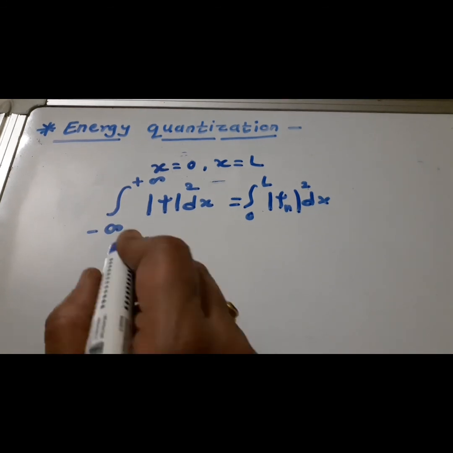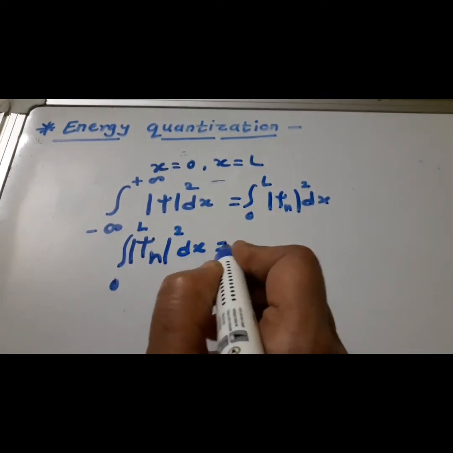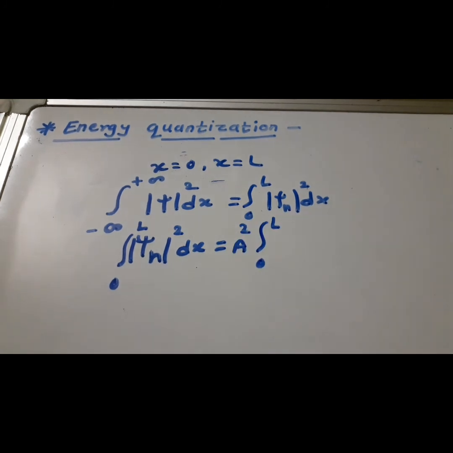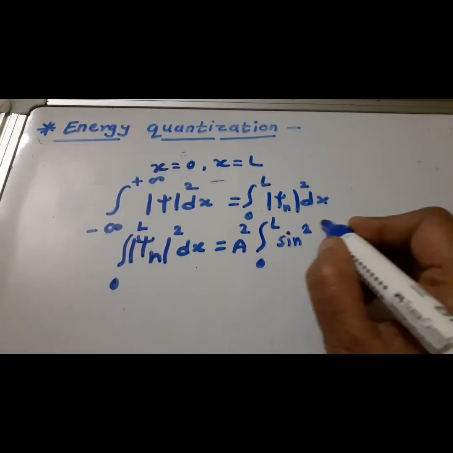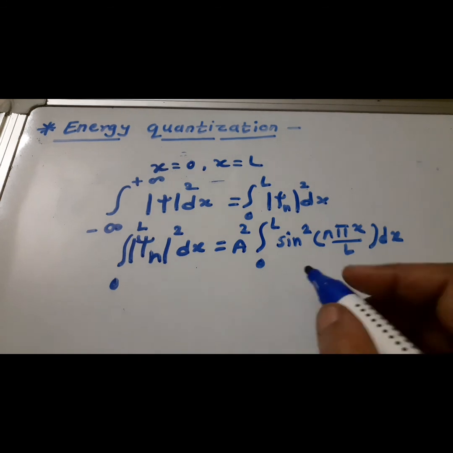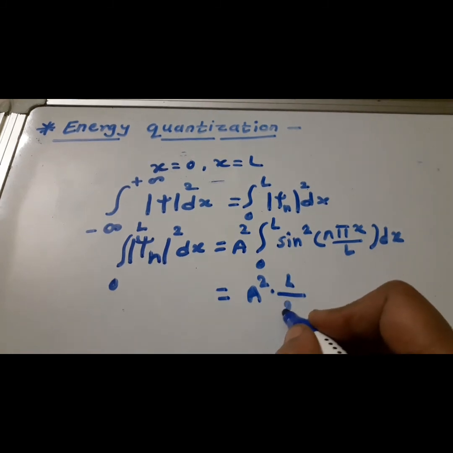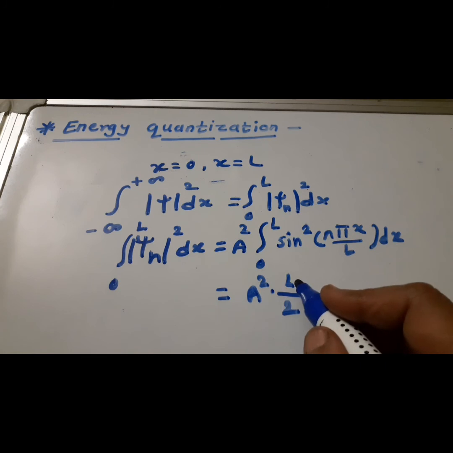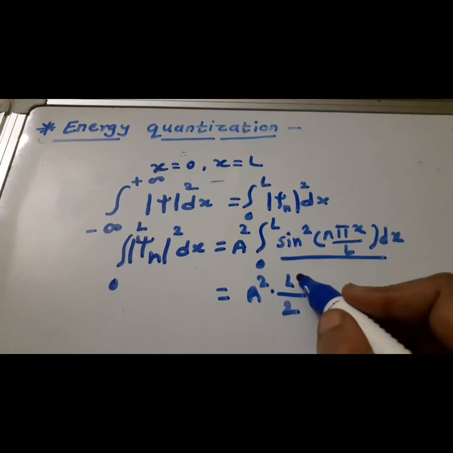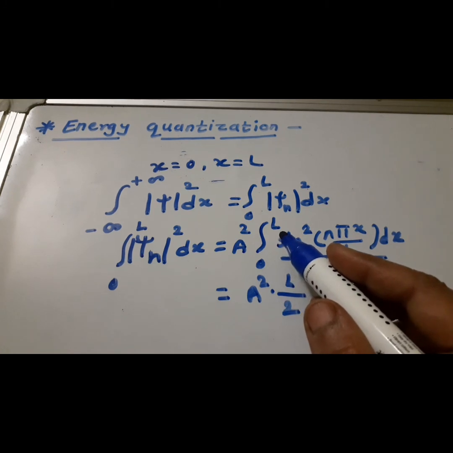Then we can write the integration of 0 to L of mod psi n square dx is equal to A square integration of 0 to L sine square n pi x upon L dx, that is equal to A square into L by 2, because after taking the integration, this value is equal to L by 2.